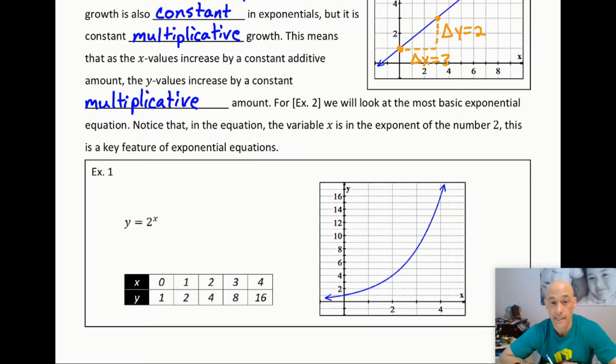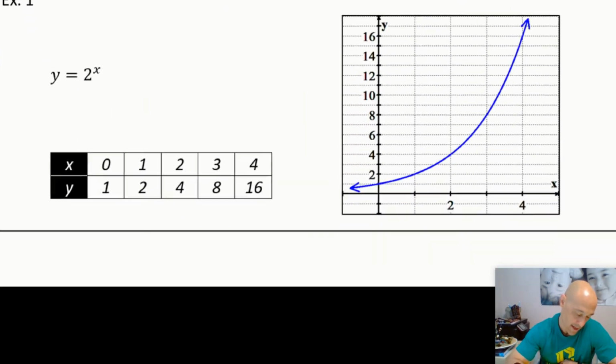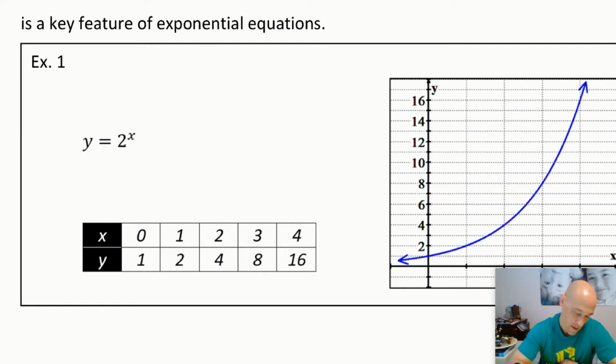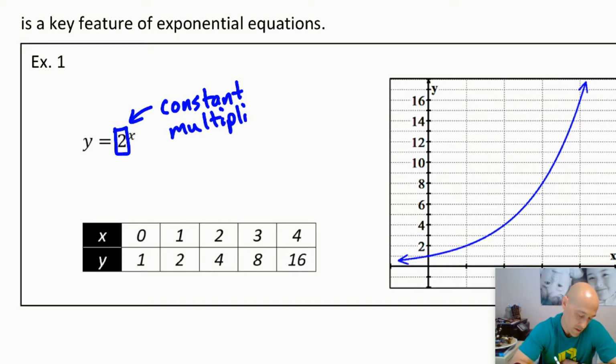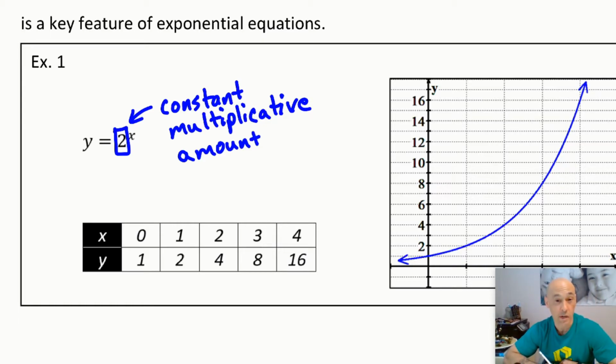For example 2, we're going to look at the most basic exponential equation. And so let's do that now. So in the equation, 2 is the constant multiplicative amount. I'm not sure if I'm spelling that right. You can correct me if you want to if I am incorrect.